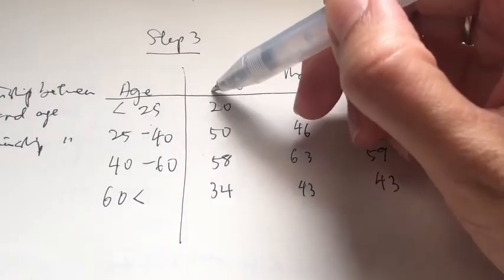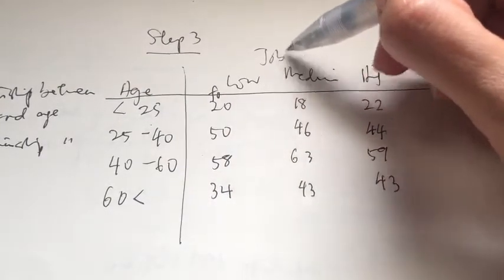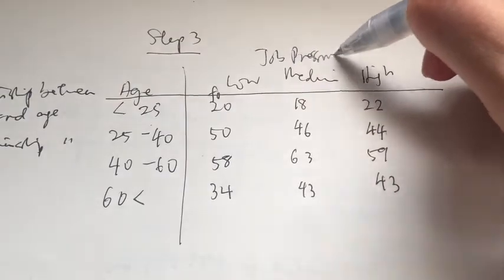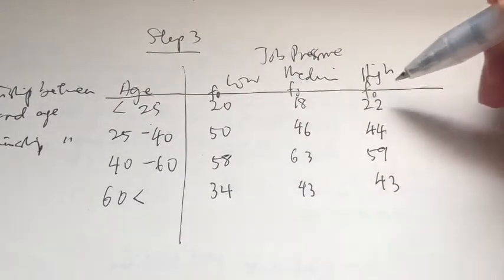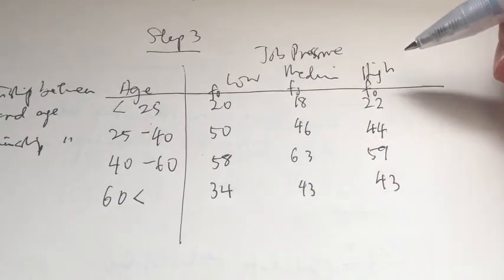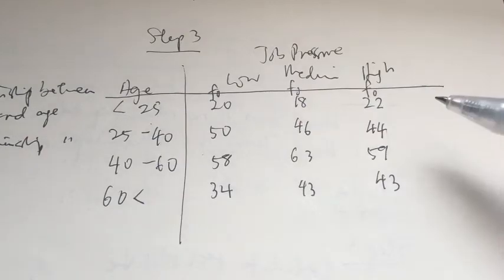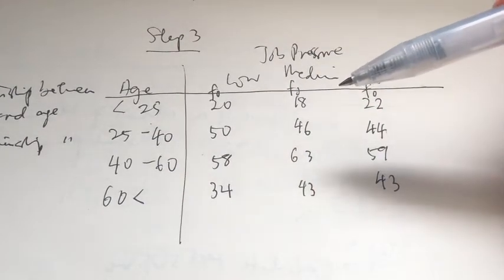So you can put here FO for low job pressure. Maybe we can label this job pressure. So this is the FO for medium job pressure, and this is the observed frequency, or the FO, for high job pressure.